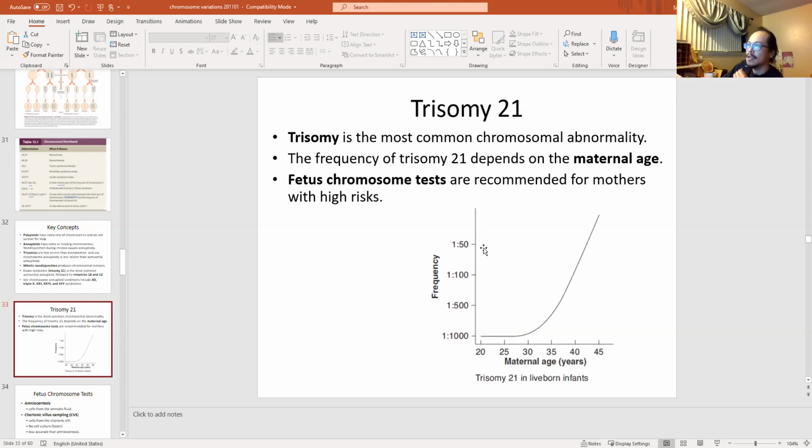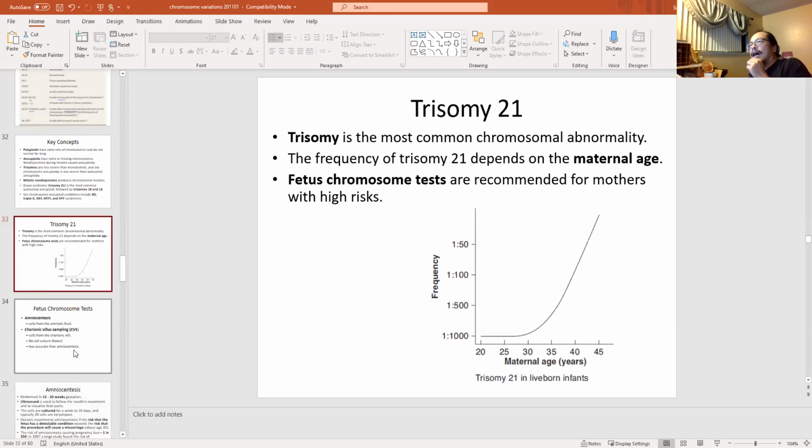So we probably won't need to do a fetus chromosome test for all pregnant women, but for those at an age which has a higher risk of giving birth to a trisomy 21 infant, it would be a good idea to do some fetus chromosome test.